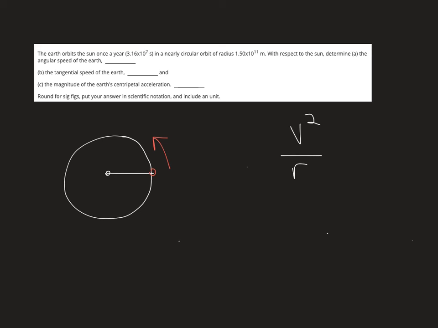So I'm going to just take my number that I had, square it, and then divide by the radius, which is 1.5 times 10 to the 11th, and I'm going to keep 3 sig figs, so our centripetal acceleration is equal to 0.00593, and remember the unit is meters per second squared.